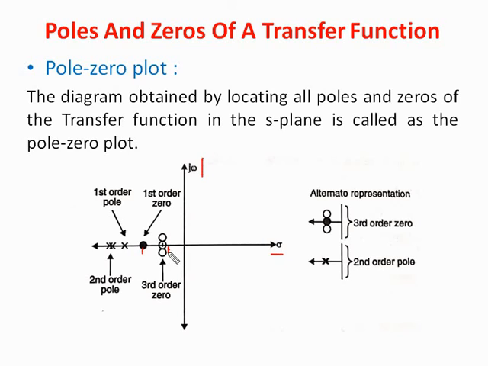So here it is -1.5, and here we put 3 zeros because it is 3 times, so it is a third order zero. The representation of a pole is a cross, while the representation of a zero is a circle. So this is the first order pole at s equal to -5, and here s equal to -7 two times, so this is a second order pole.